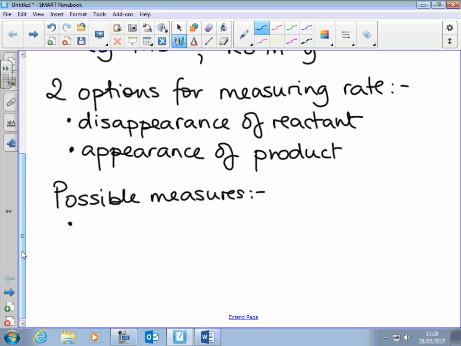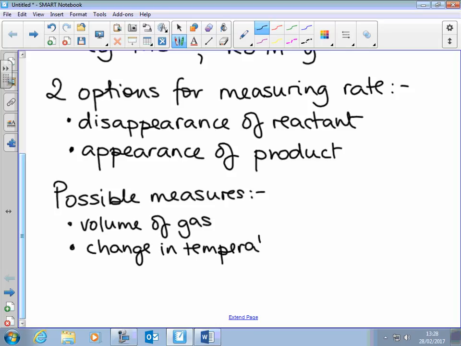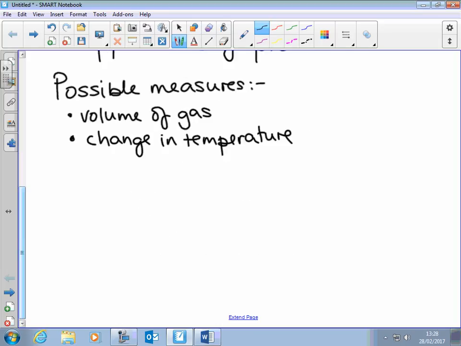Yeah, so you could have volume of a gas. Other obvious things that you might measure: you could, yeah, that's a little bit harder, change in temperature perhaps. A little bit harder to actually get the rate from that, but it's because heat is sometimes a product. Theoretically, you can. I mean, that's what you were doing, wasn't it, in the enthalpy one? Hard to get it with the rate, though, I think.